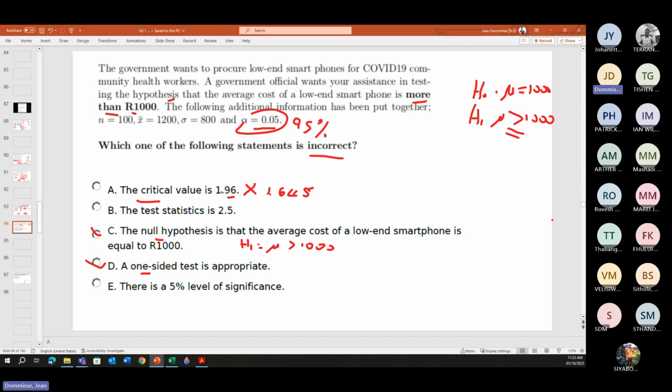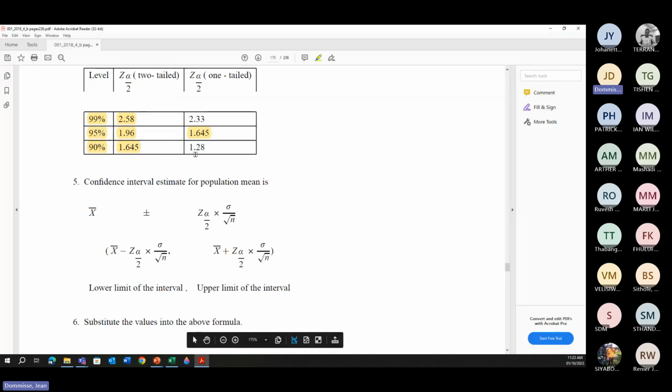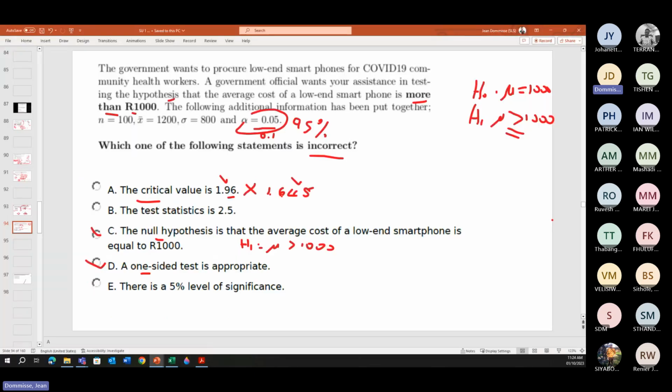Because they're not going to give you a weird number. They're going to give you the two tail versus the one tail. So if that was 0,1, they're going to look at the 90% and give you those two options. Again, they're not going to give you weird numbers that you know are incorrect.